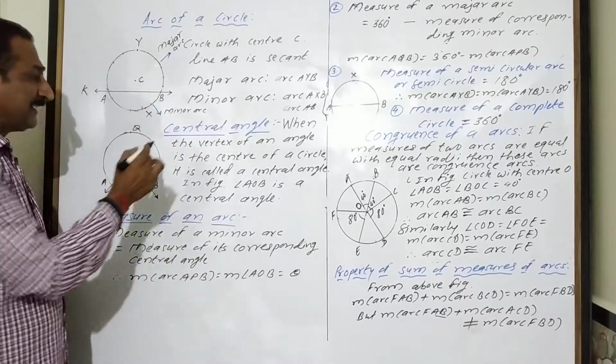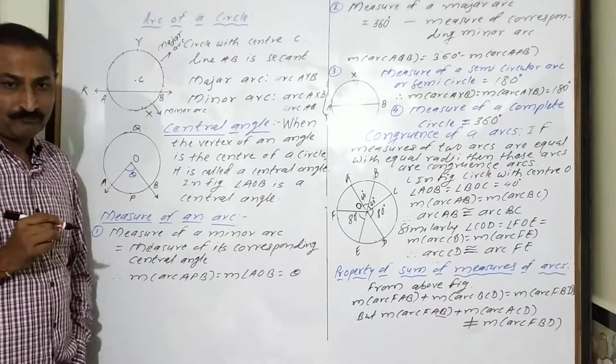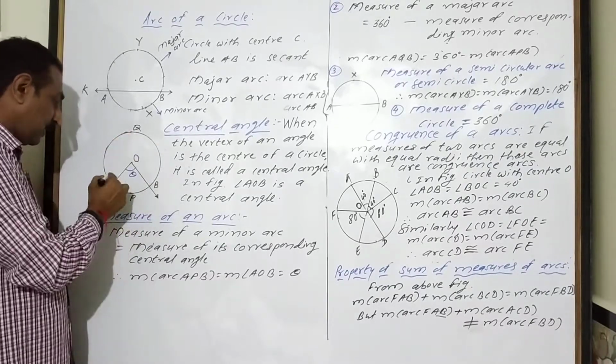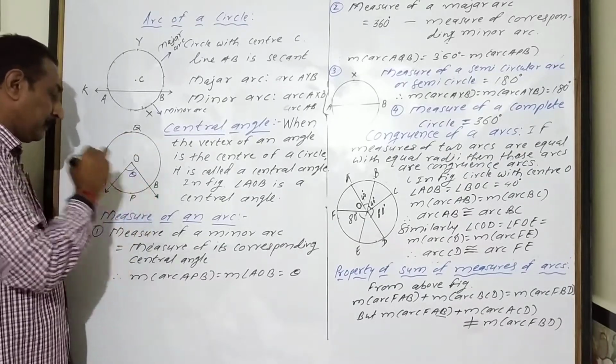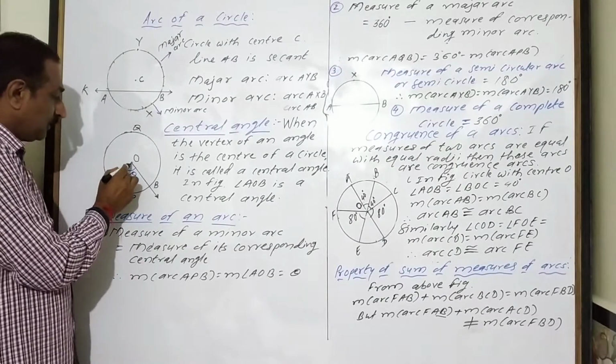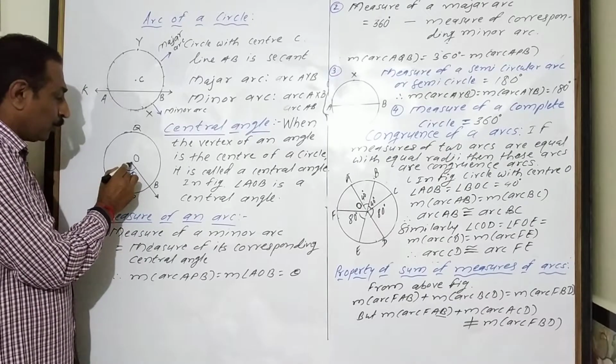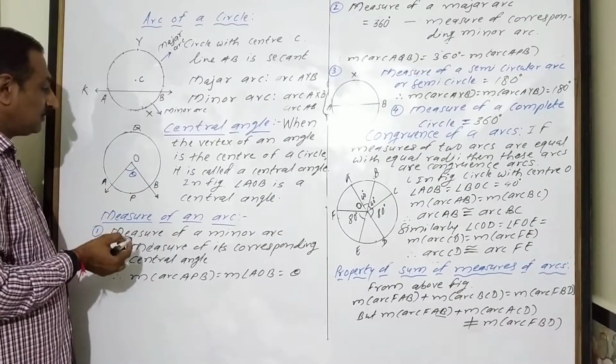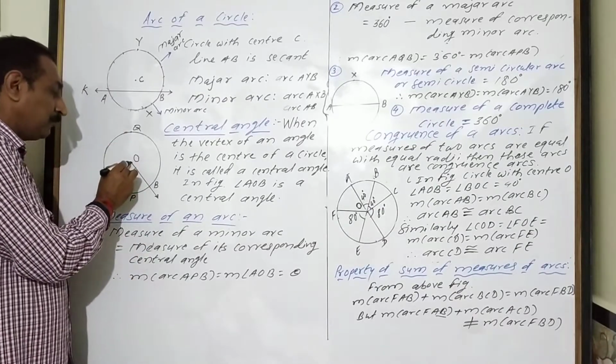Now next is the central angle. I draw the circle with center O and again I draw angle AOB. In the figure, point O is the vertex of the angle and also the center of the circle.